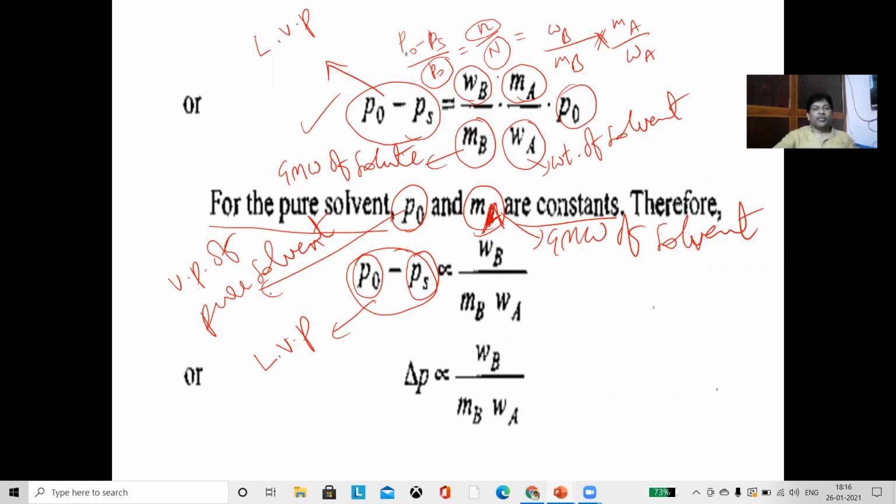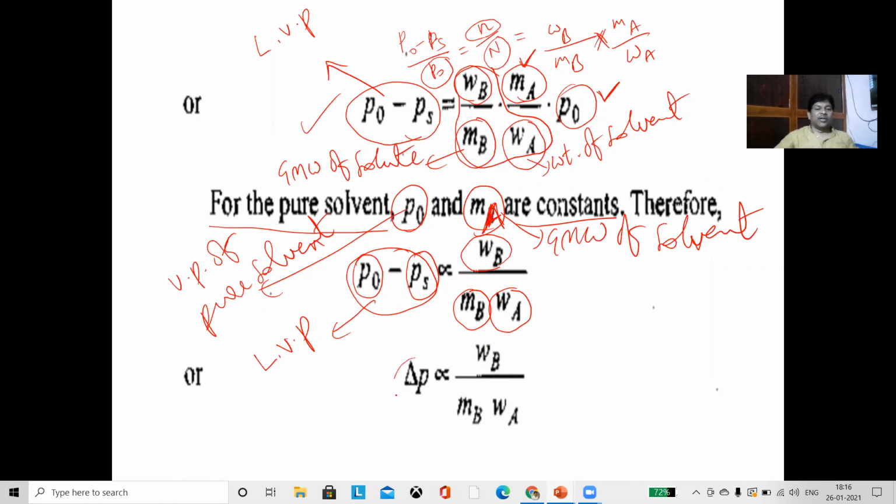Here MA and P naught are constant. That's why we have taken WB by MB WA. So P naught minus PS, the lowering of vapor pressure, is directly proportional to weight of solute by gram molecular weight of solute, and WA is the weight of solvent.